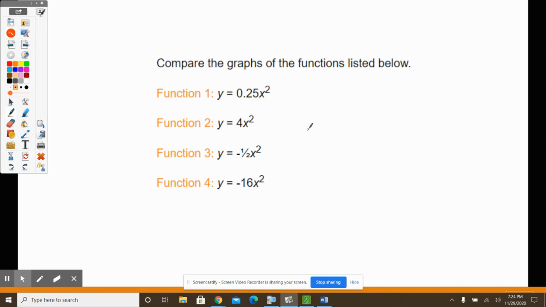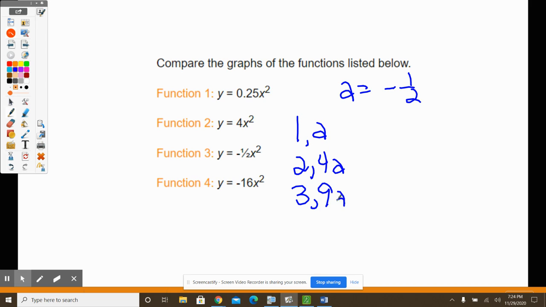What about the negative 1/2? A is negative 1/2. So 1a, 4a, 9a. What do we have? Over 1, down a half. Over 2, 4 times negative 1/2 is down 2.